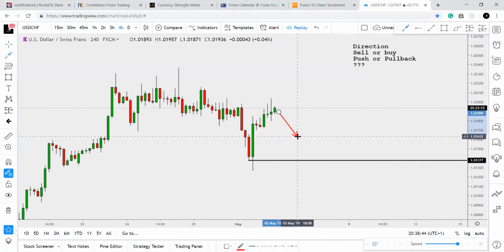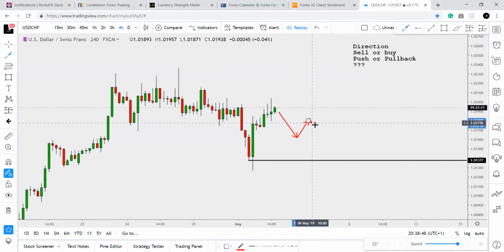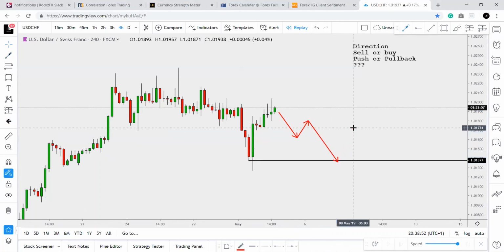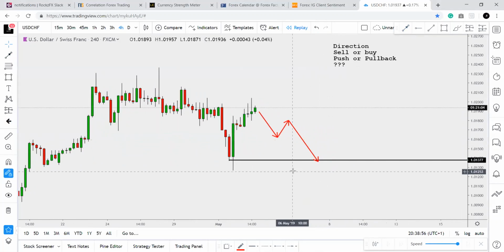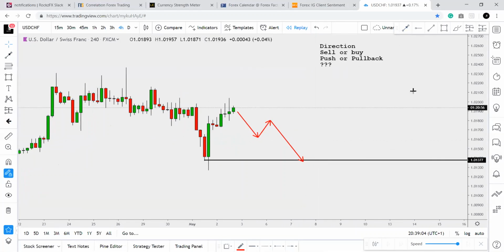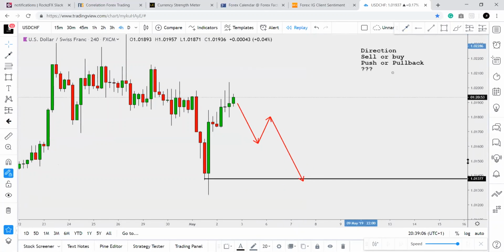Now, if price started to push down from this level, pull back to lower highs, push down into the support level, what structure is this market? High, low, lower high, lower low. What structure? Sell, lower high.